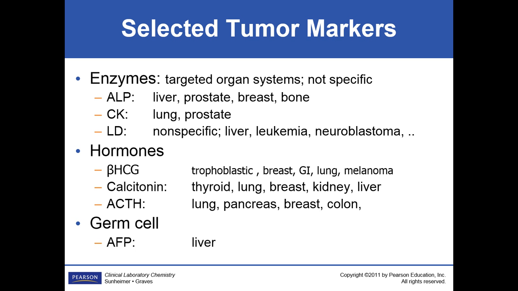So these are not real specific. As you can see, I listed a few examples to show you they're from multiple organs. Hormones are utilized. They also come from multiple organs, but they're a little bit more specific. And if we had germ cells, that usually is pretty specific.